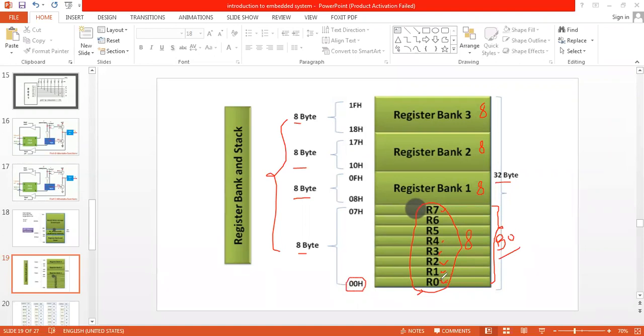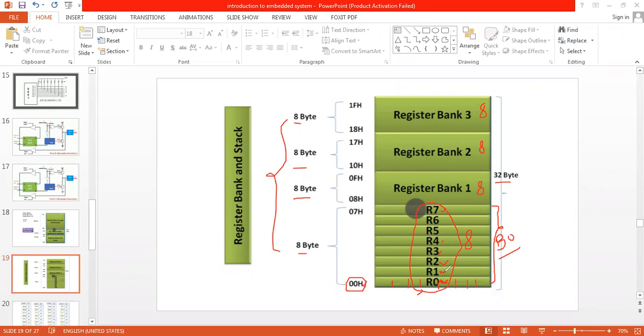So here R0 is there. R0 is a data register. It can store data. How many bits of data? 8 bits. There are 8 bits in a single register R0, and the memory address of R0 is 00H.